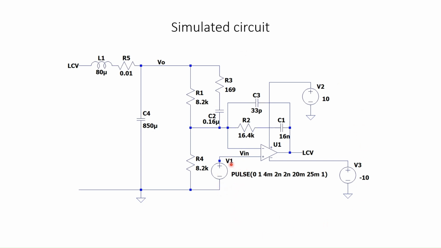This is the reference at the non-inverting input. The feedback is coming at the inverting input. So the feedback voltage will be equal to the reference V in voltage at the steady state.